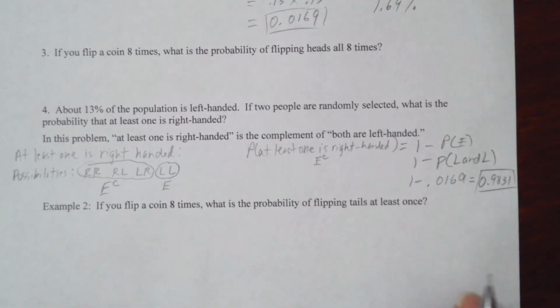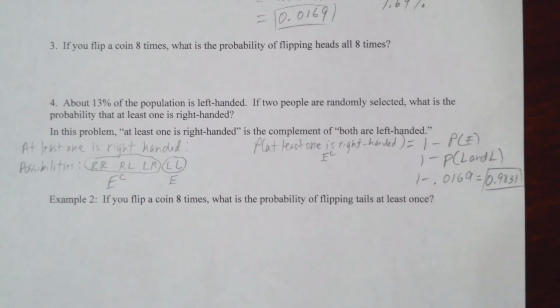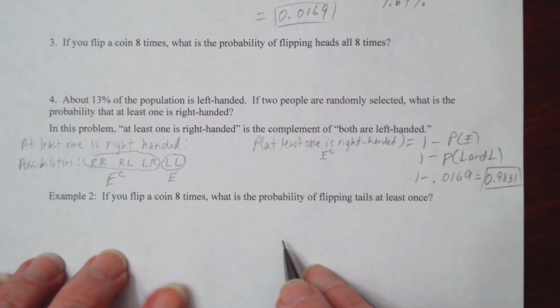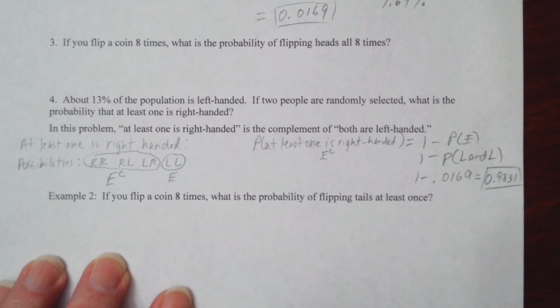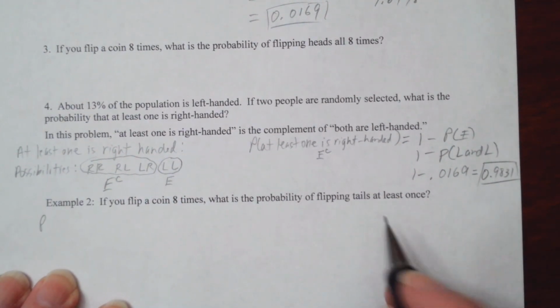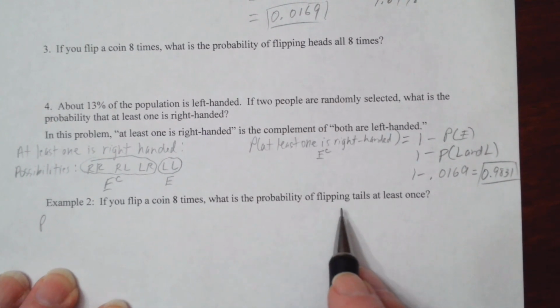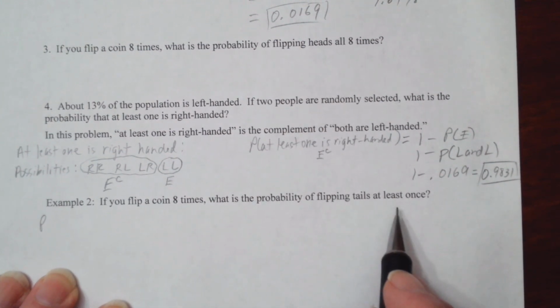All right. So see if you can figure out how to do number two. It's going to be very similar to the one we just did, and then watch the video. All right, so here we want the probability of flipping tails at least once. So you flip a coin 8 times. What's the probability of flipping tails at least once?